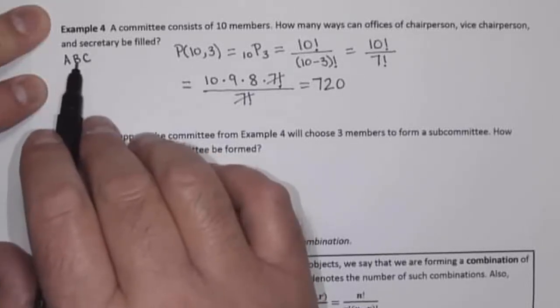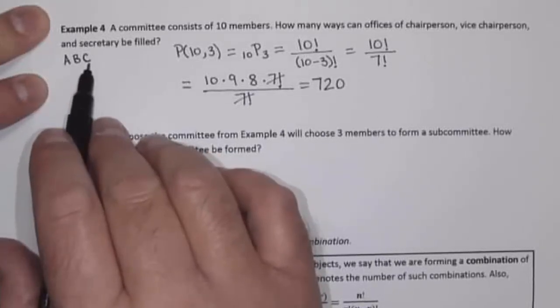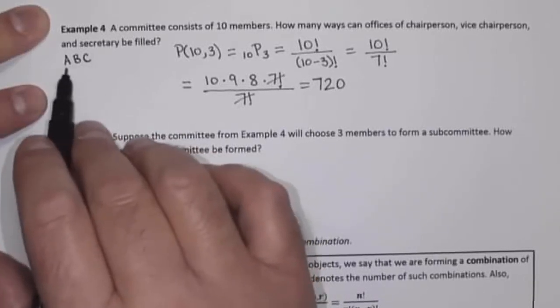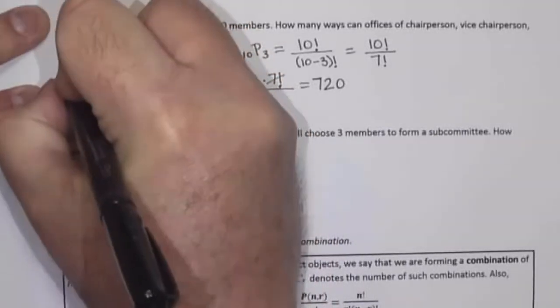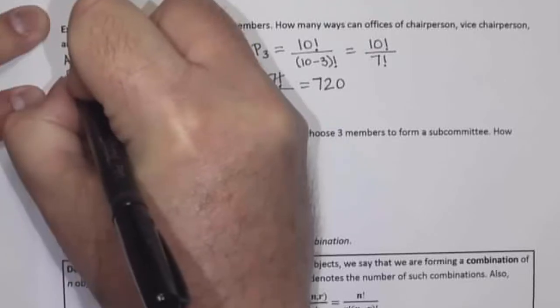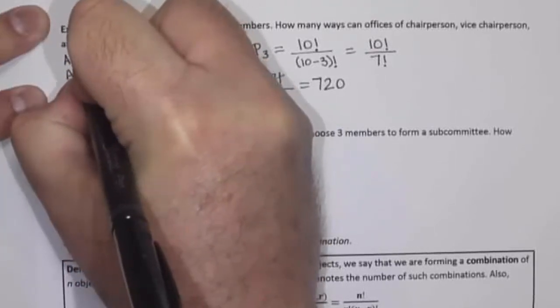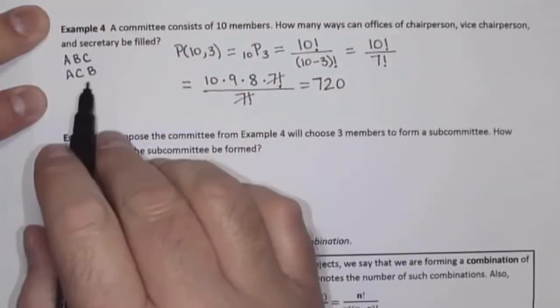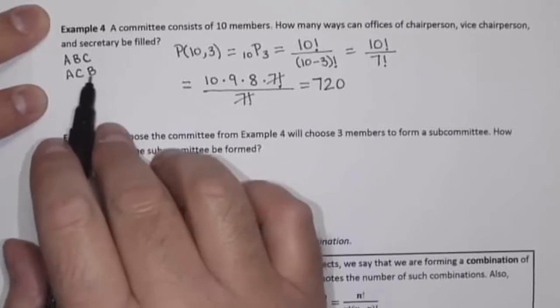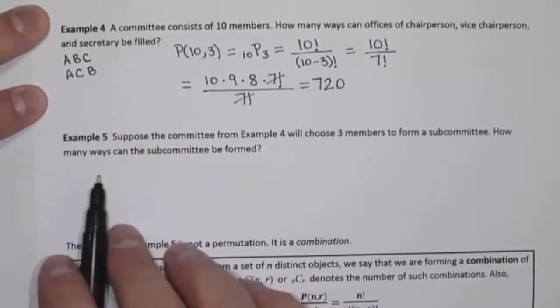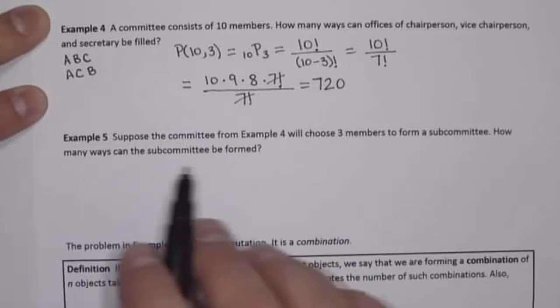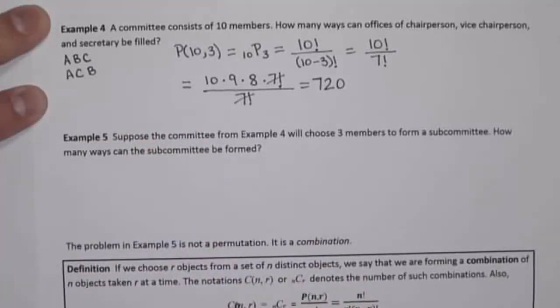A's the chair, B's the vice chair, and C's the secretary. But if I selected those same 3 individuals, and if A was the chair, C was the vice chair, and B is the secretary, that would be a different outcome. Well, in example 5, these 2 outcomes are the same outcome.